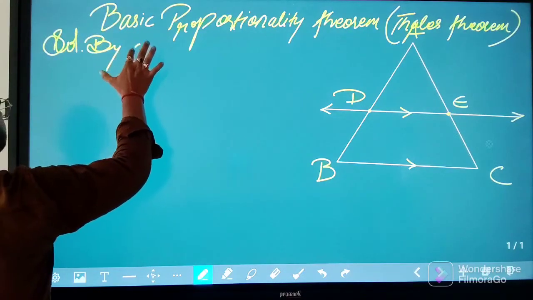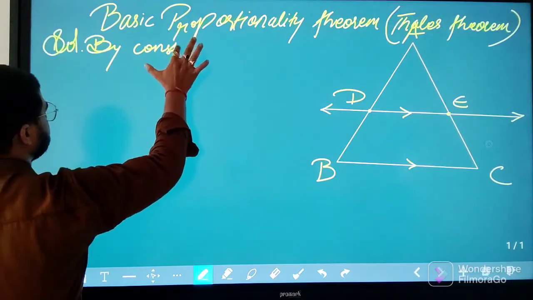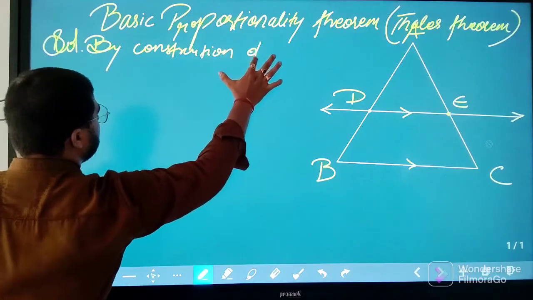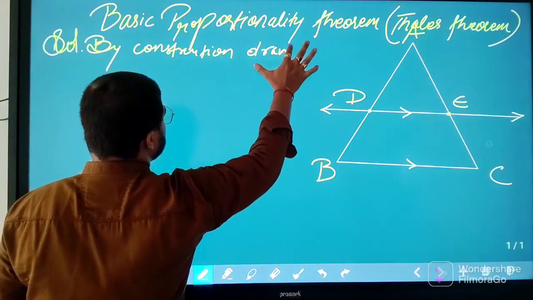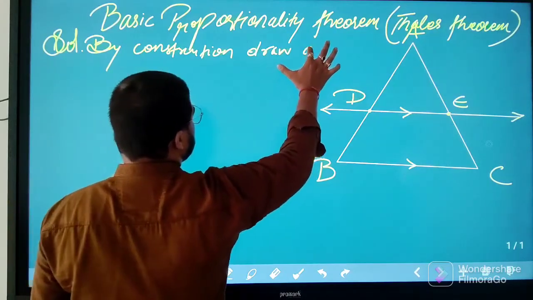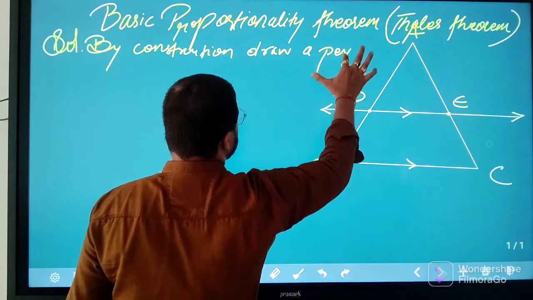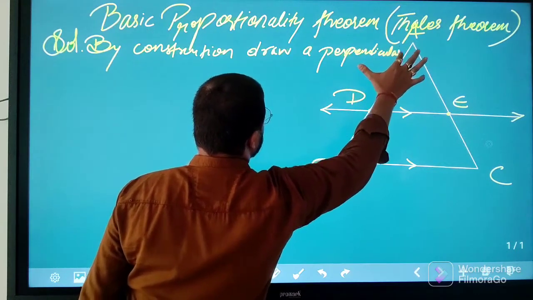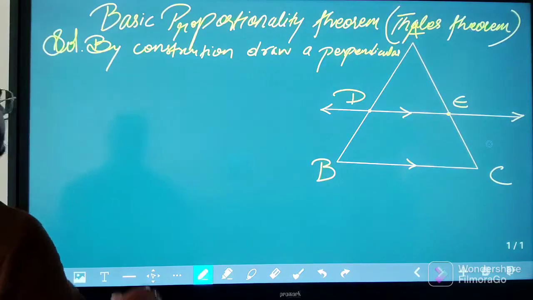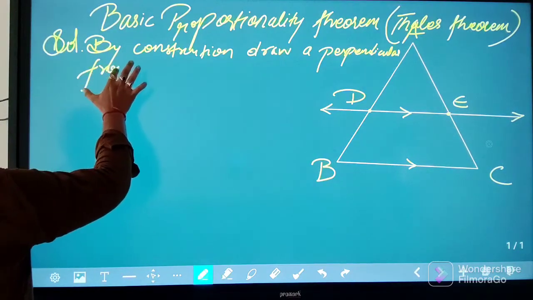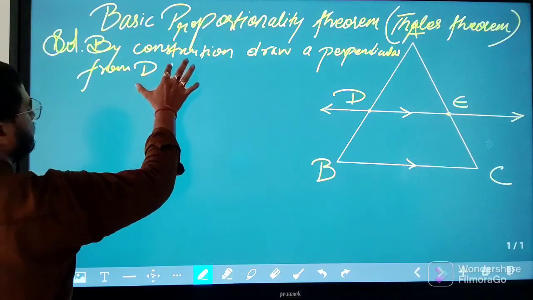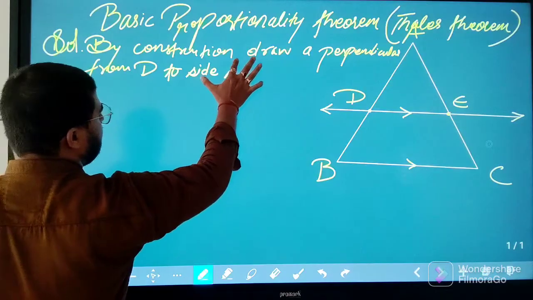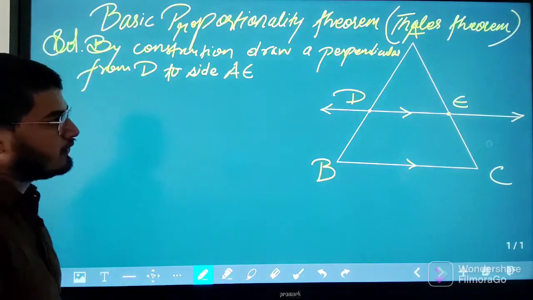So what we will do is, by construction, draw a perpendicular from D to side AE. Now please listen carefully.